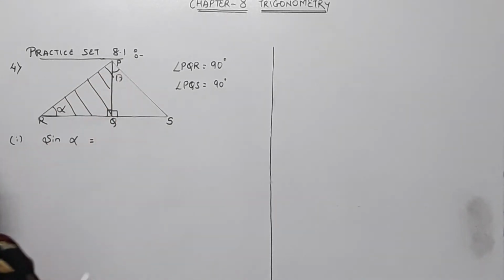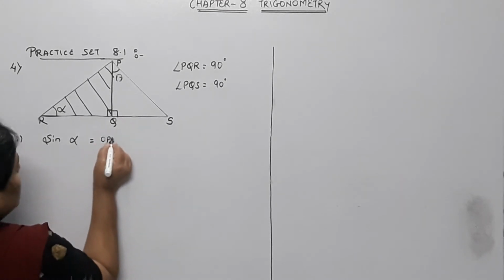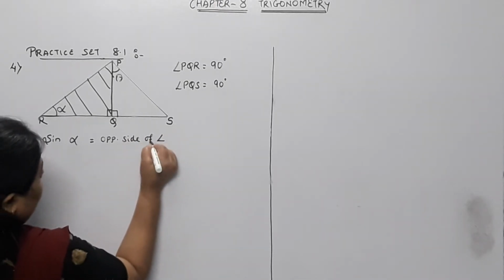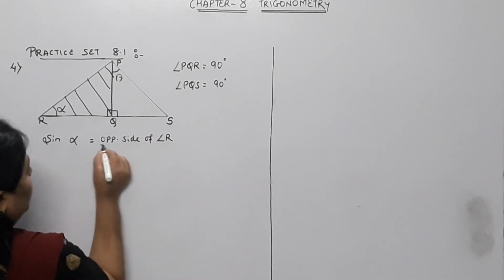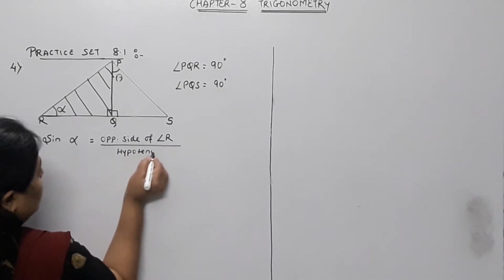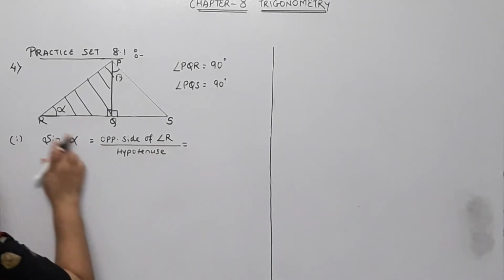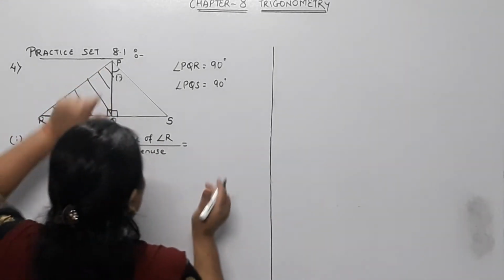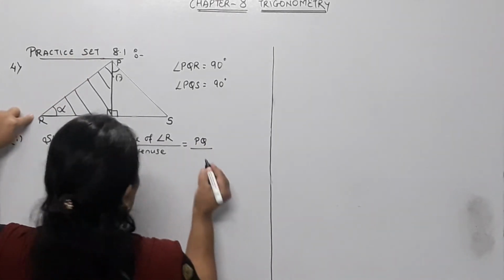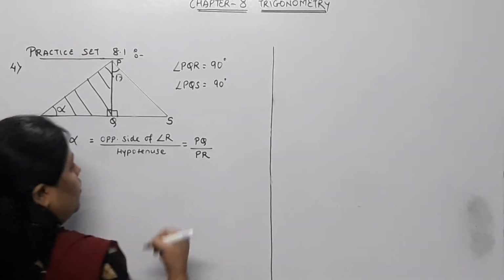Okay. So for sin alpha, what will be the ratio? Opposite side of angle R upon hypotenuse. What is opposite side of R? It is PQ upon hypotenuse PR. Okay.